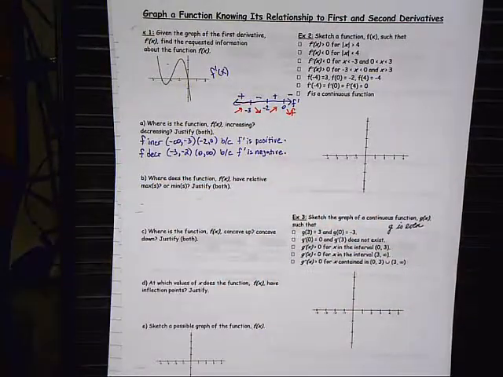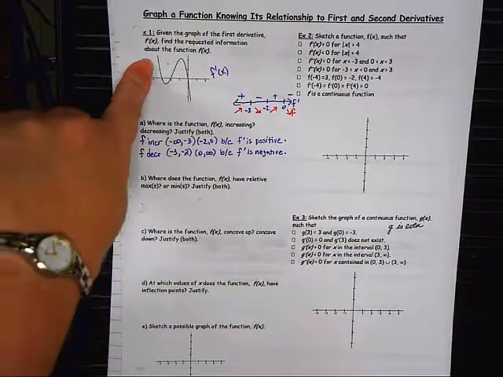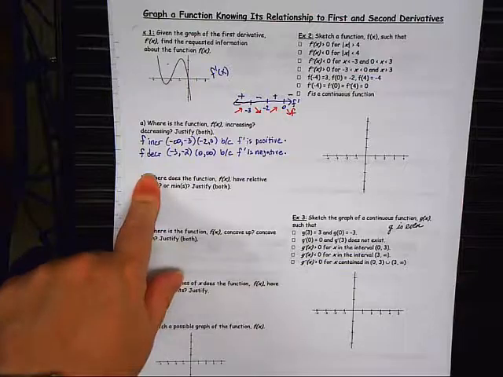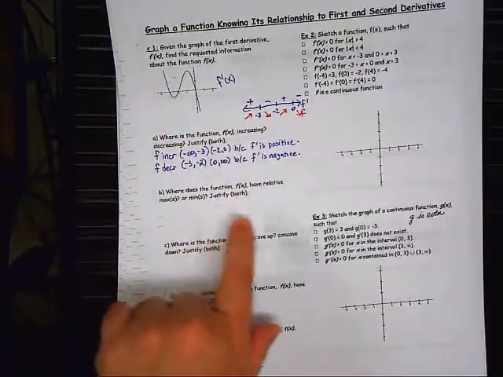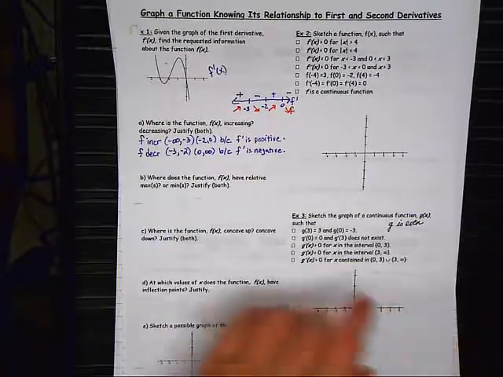Okay. Questions on that? I think a lot of you already had that relationship down in your head. When this is above the x-axis, that means that's where f is increasing. When this is below the x-axis, that's where f is decreasing. Oops, excuse me for making it crooked.